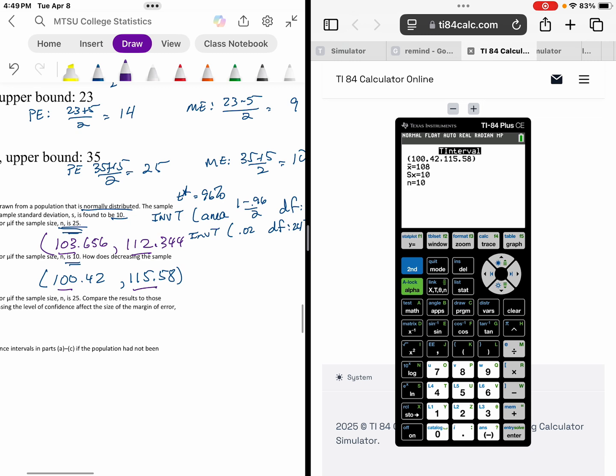So to me, lowering the sample size makes the margin of error larger. It increases it.